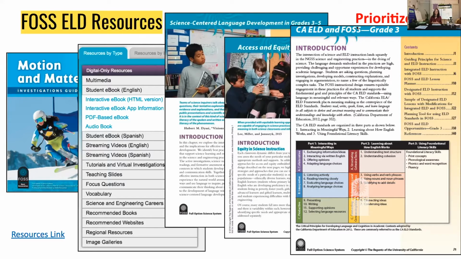The California ELD and FOSS is a little harder to get to. You have to go to the California Planning Guide, because this is very specific to California. But if you're in another state and you're interested in them, you can just let me know if that's the easiest way to do it, or you can change your settings to California.